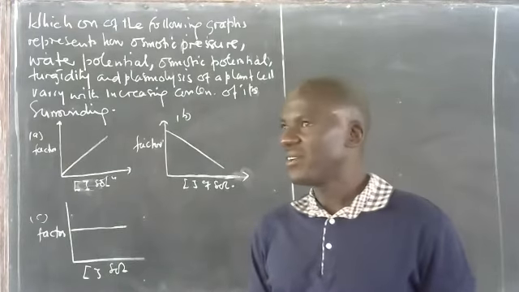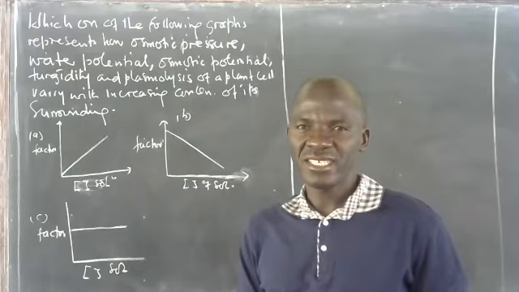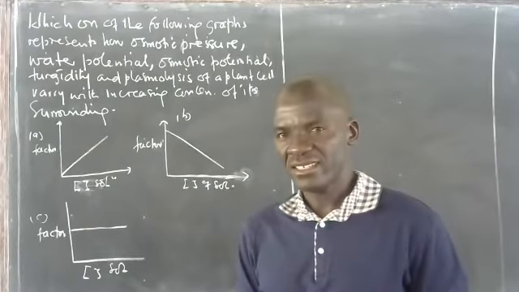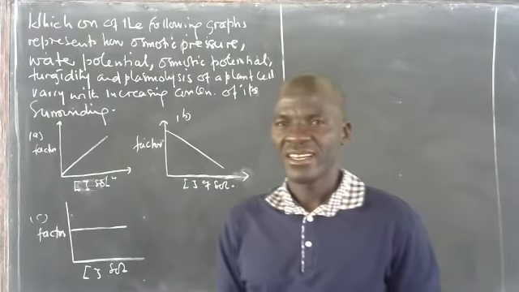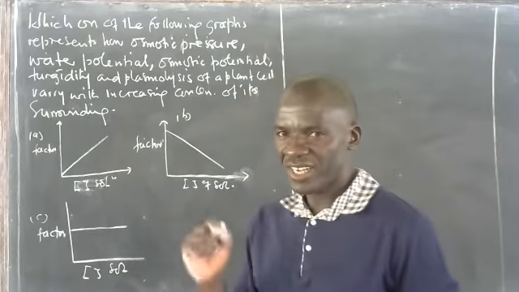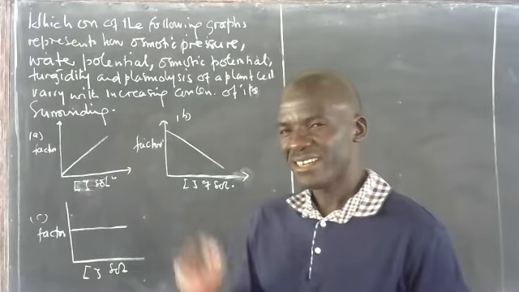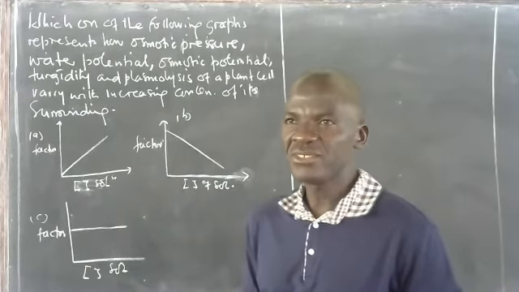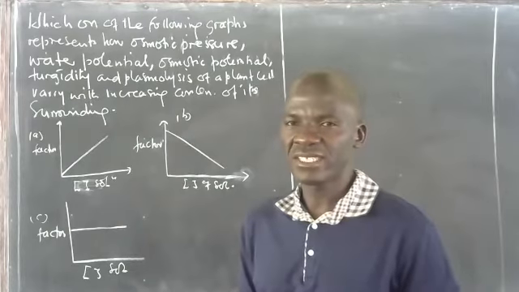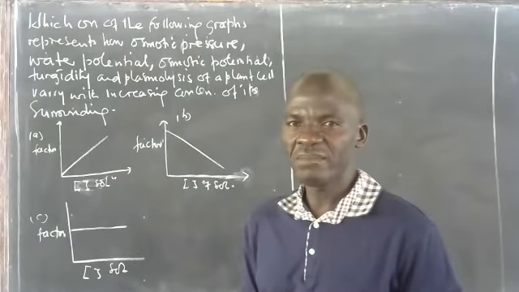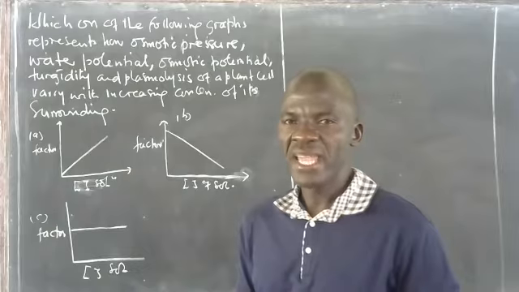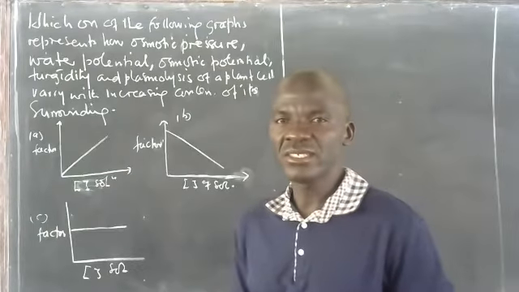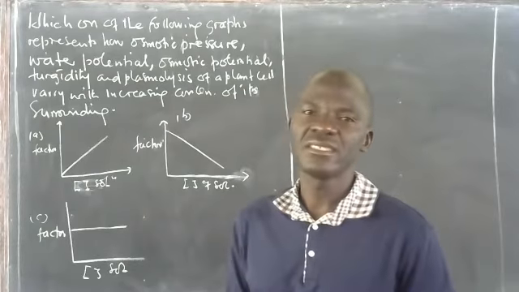I'm asking how each of those factors of any plant cell may vary with the increasing concentration of the surrounding solution.